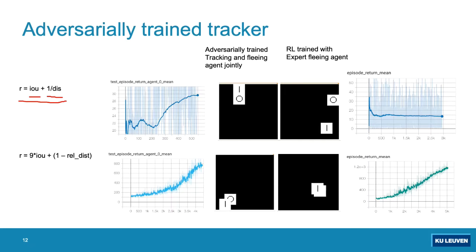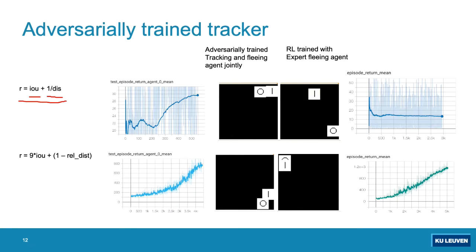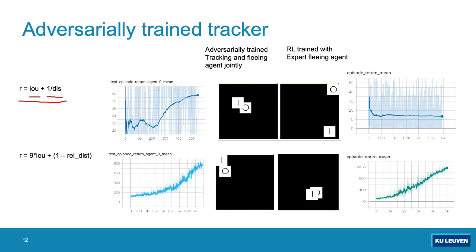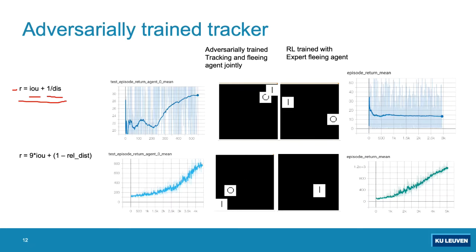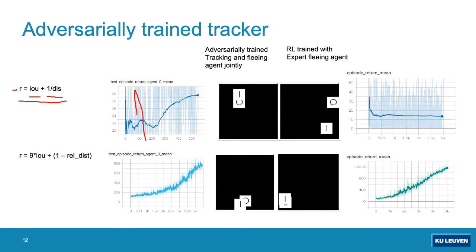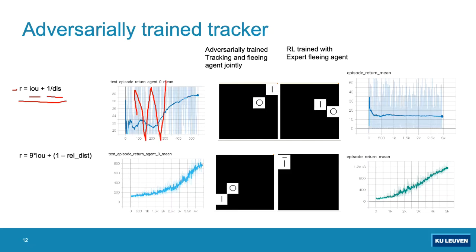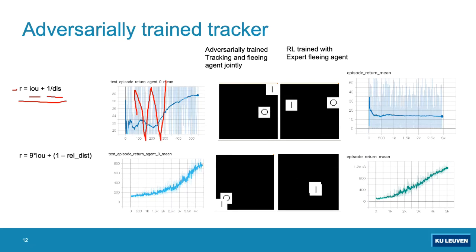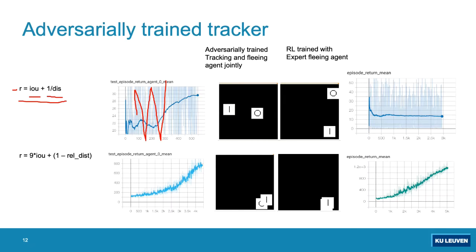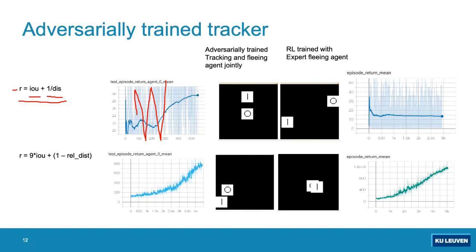But the adversarial agent could train, given that the fleeing agent did not do anything stupid. If the fleeing agent would stick to a stupid behavior, the tracking agent would only learn to track this specific behavior. If we then looked at a general reinforcement learning trained tracking agent, where the fleeing agent popped up at a random position, the tracking agent couldn't learn at all.